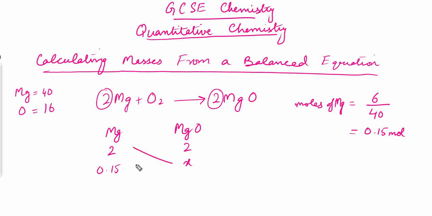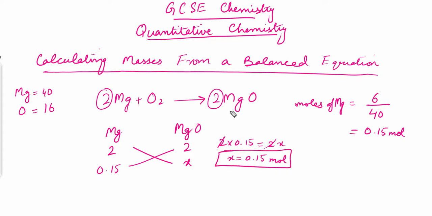I'll cross multiply: 2 times 0.15 equals 2x. This 2 will cancel and I get x equals 0.15 mole. So 0.15 mole of magnesium oxide will be produced.